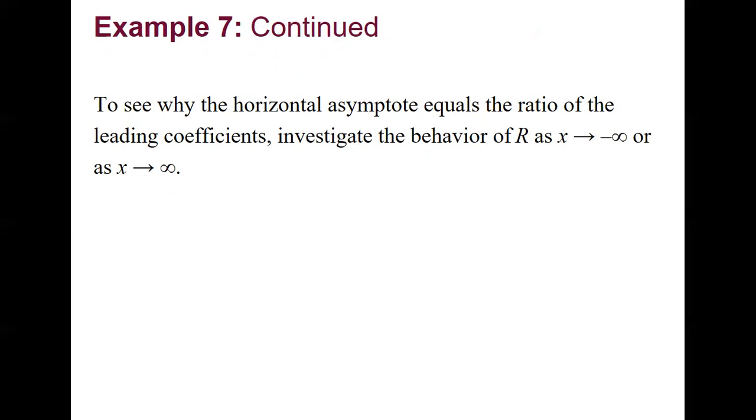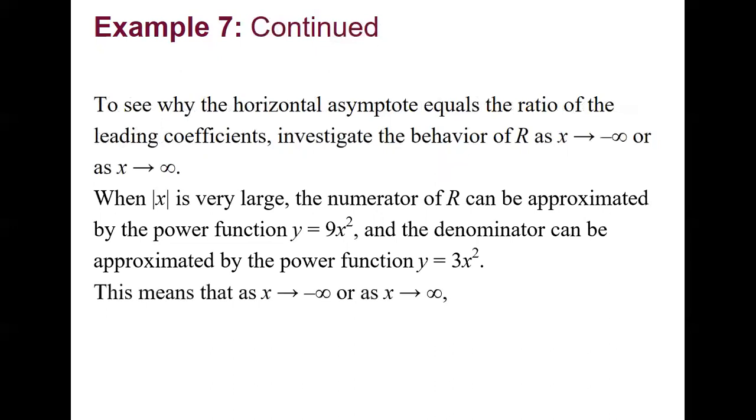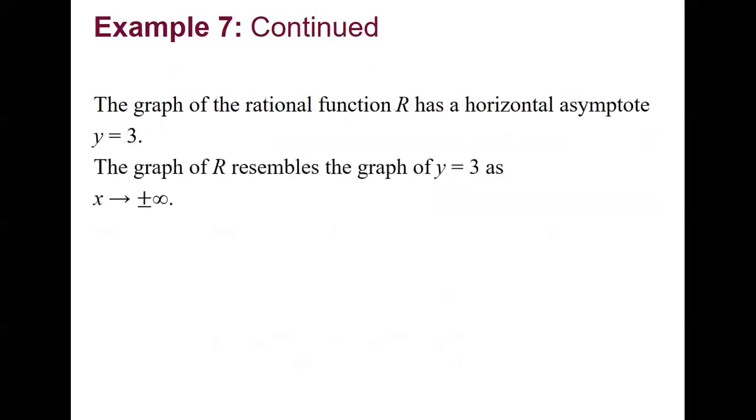To see why the horizontal asymptote equals the ratio of the leading coefficients, we're going to look at the end behaviors, okay? So the graph y equals 9x squared and the denominator approximately, which is 3x squared, what do they look like graphically? Well, they're going to be similar. The only thing that's going to change really is the multiplier.